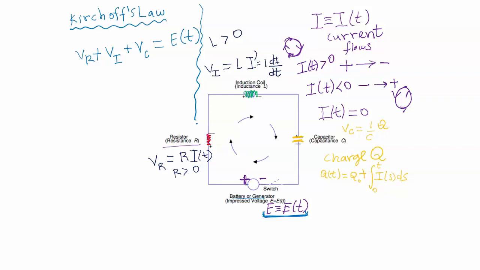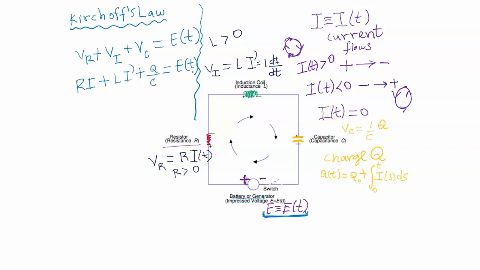And so if we write these expressions, maybe you can write this here below. V sub R equals R times I, and V sub L we have L times I prime, and V sub C we have Q over C, and this would be equal to E of t.